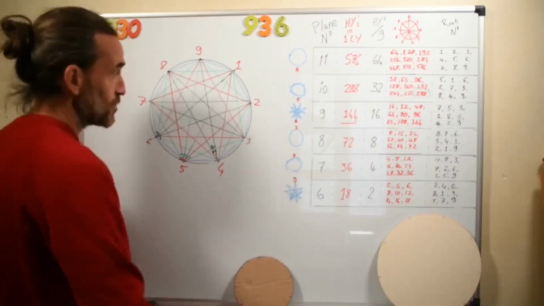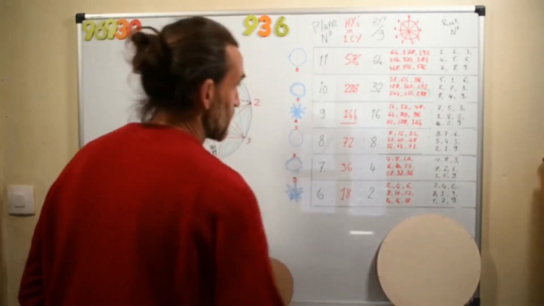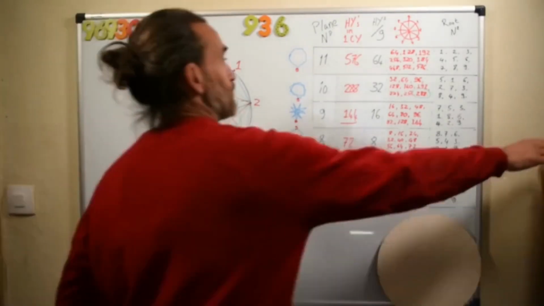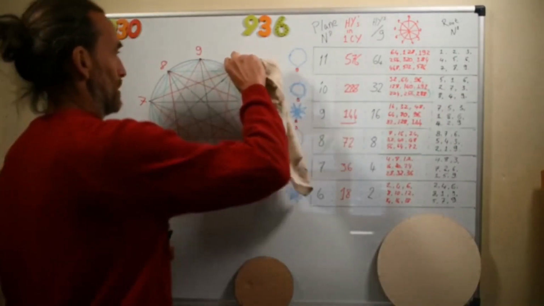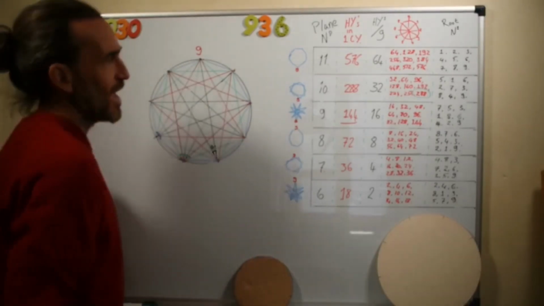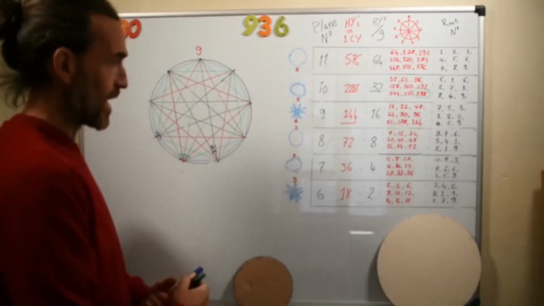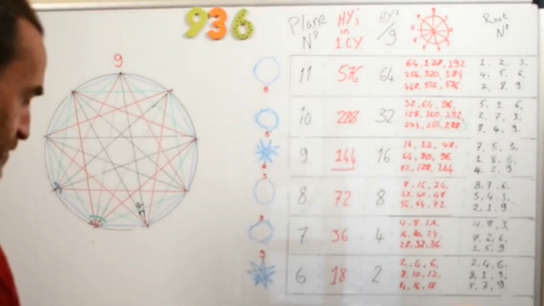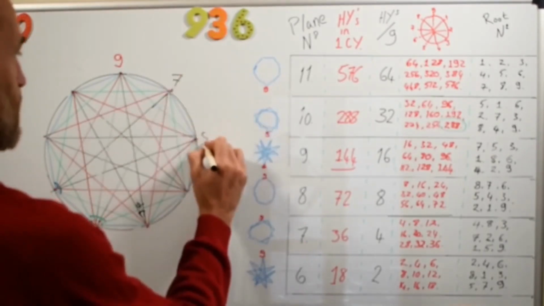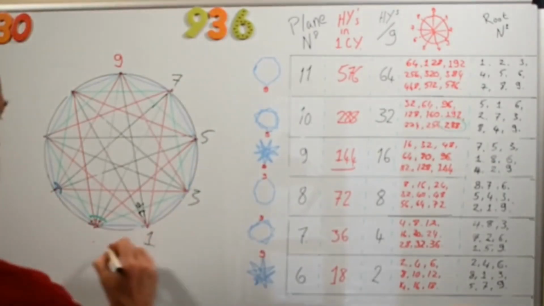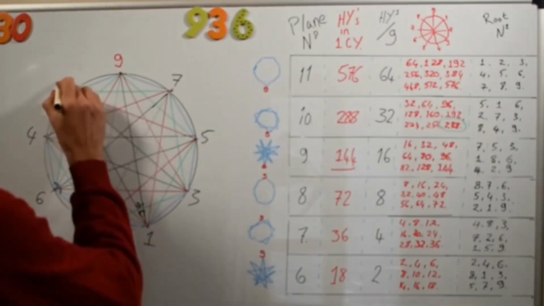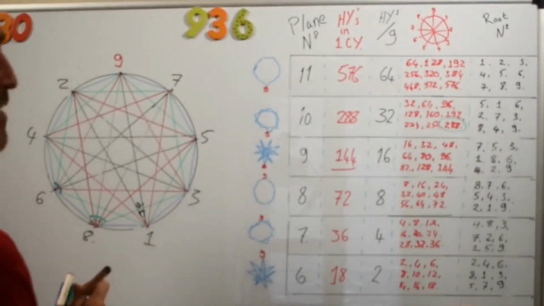And what we can also show is, for example, if we were to change this order, and if we were to take any one of the other planes, so let's take plane number 9 for example, and we'll go 7, 5, 3, 1, 8, 6, 4, 2, 9.